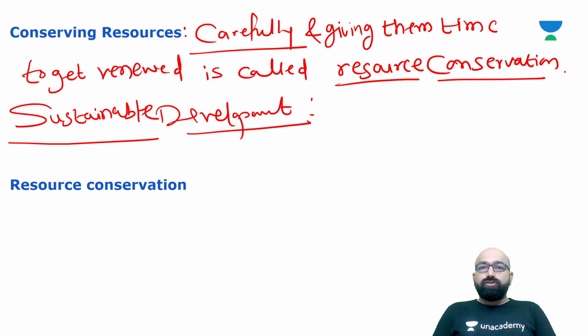So there are many ways of conserving resources. Each person can contribute by reducing consumption, recycling and reusing things. So ultimately it makes a difference because all our lives are linked.